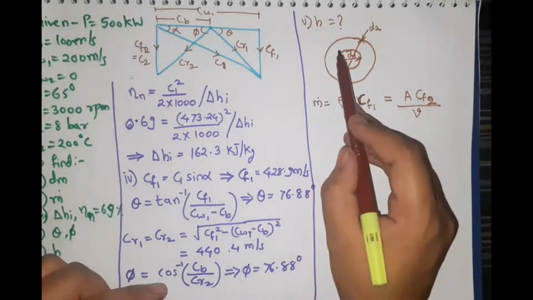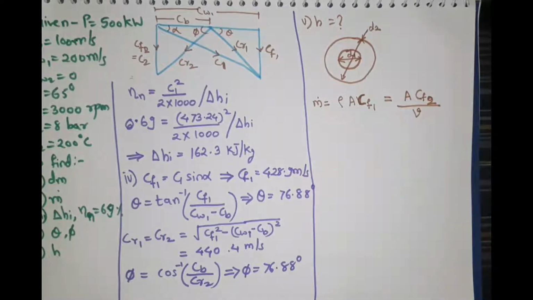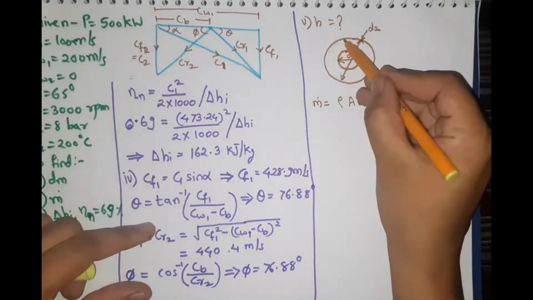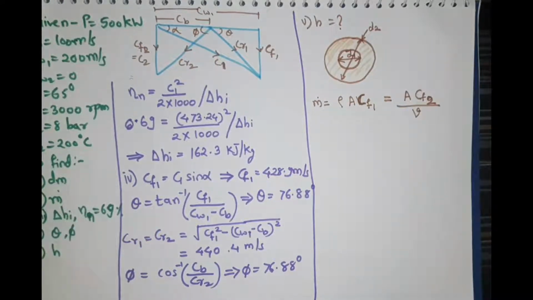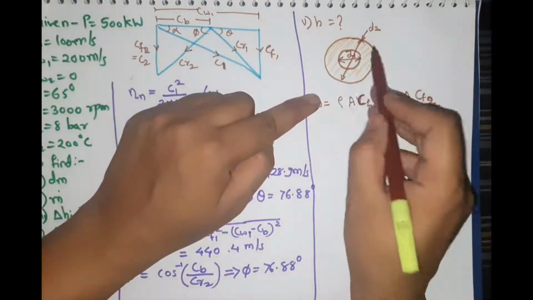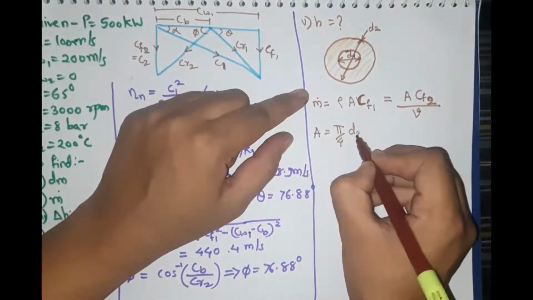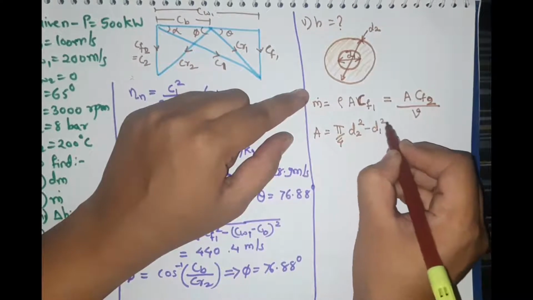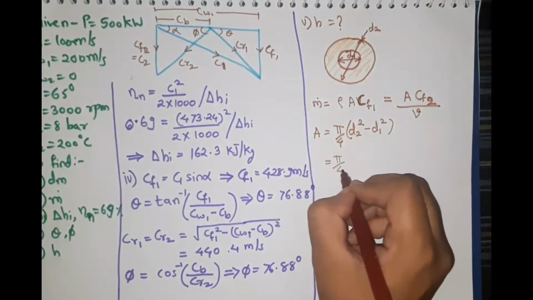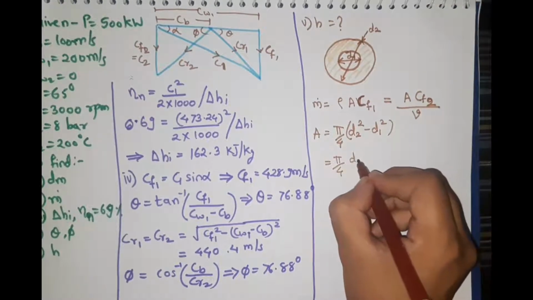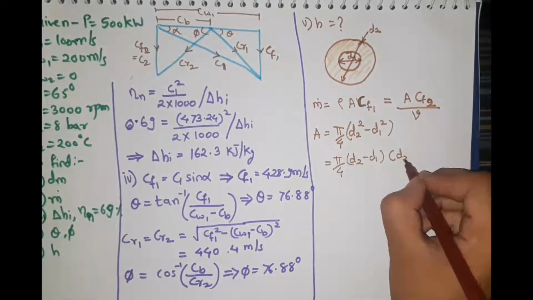Now the steam is passing through this area except this one, idle one. This area is equal to pi by 4 d2 square minus d1 square, or we can expand this as pi by 4 d2 minus d1 into d2 plus d1.